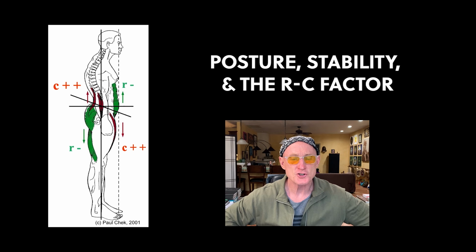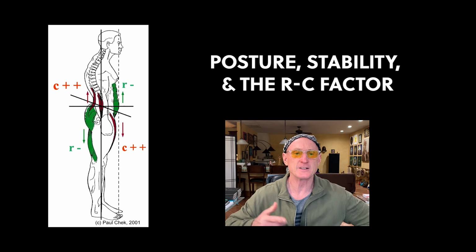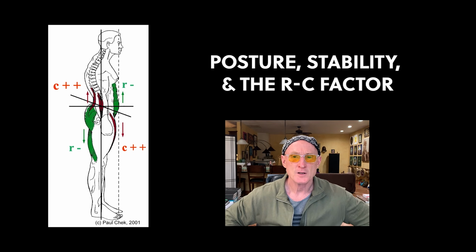Those ones are shortened and tightened, and the green ones are respectively lengthened and weakened. Now, the red muscles are classic tonic muscles, and the green ones are classically phasic muscles.